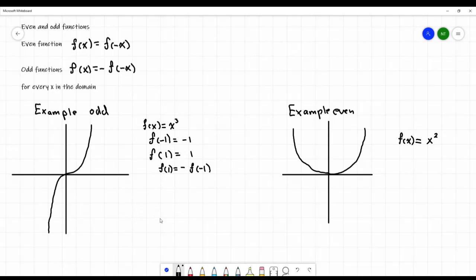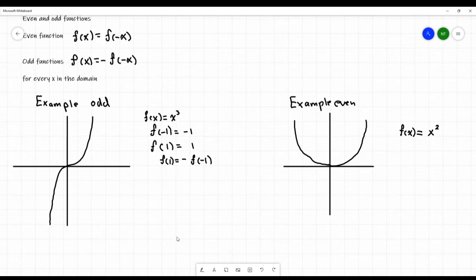And furthermore, we could generalize it to say that for any power function, so if you remember, a power function is a function in the form of x to the a. f of x is equal to x to the a.